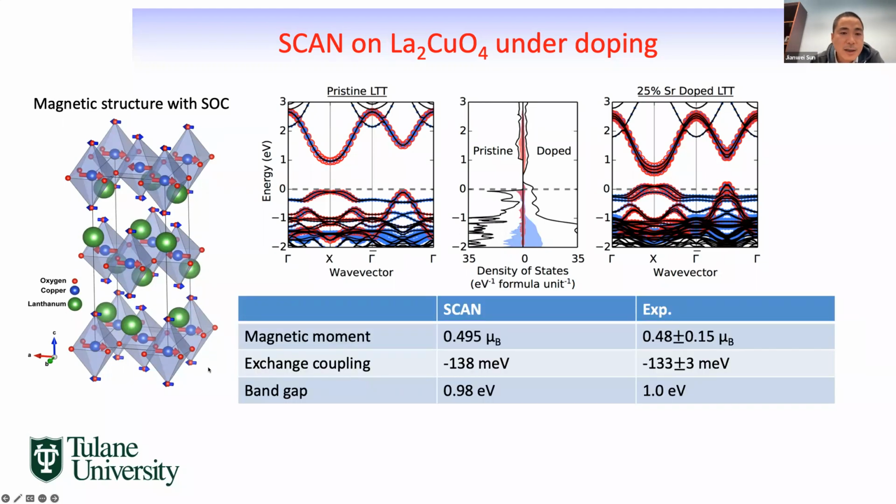SCAN also predicts the magnetic moment to be around 0.5, consistent with experimental data, and the magnetic coupling between two copper ions is very close to the experimental results. It's about minus 130 milli-electron volts, and the band gap is also close to the experiment.